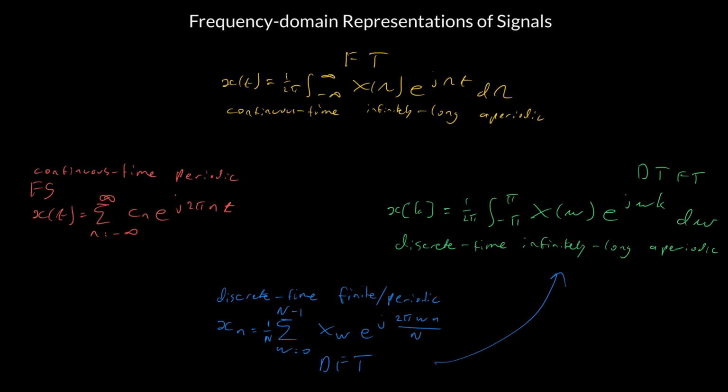On the other hand, if we take our finite signal and we extend it to make it periodic, and this is something very natural to do, because if we look at this representation here, it automatically gives us x of n for any integer n, and it does it in a way that makes it periodic. So it's very natural to ask, given this description of x of n, if we just change n to k, then what's the relationship between x of w here and big X of omega here?